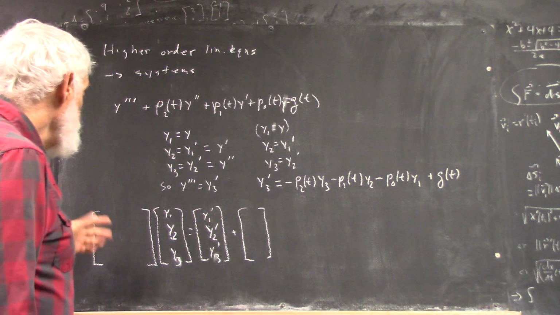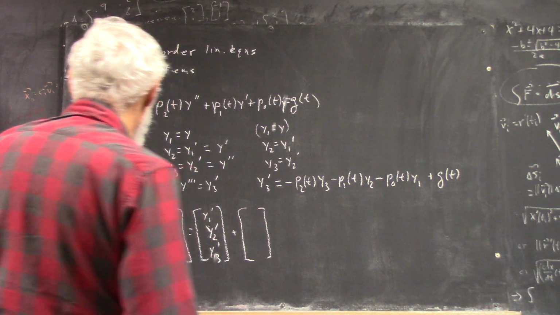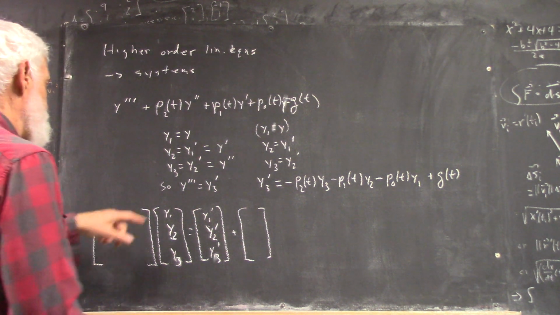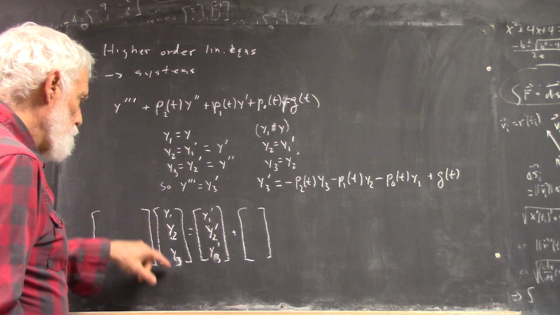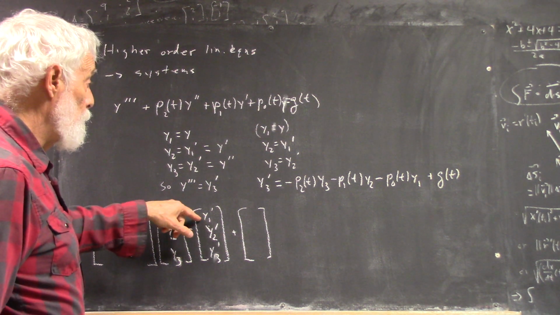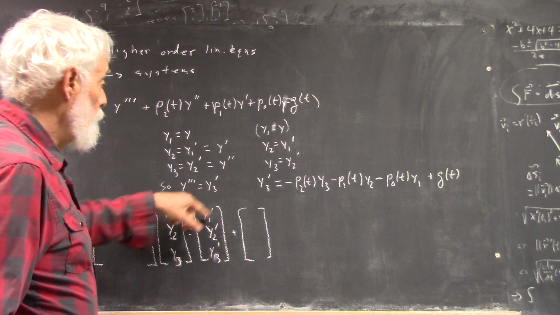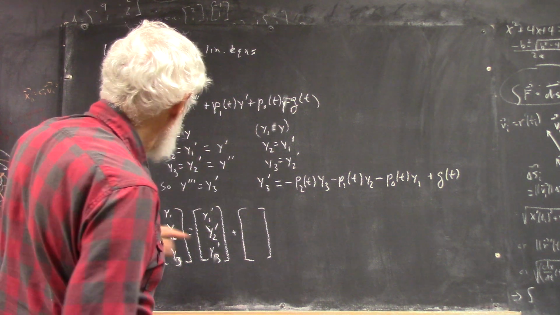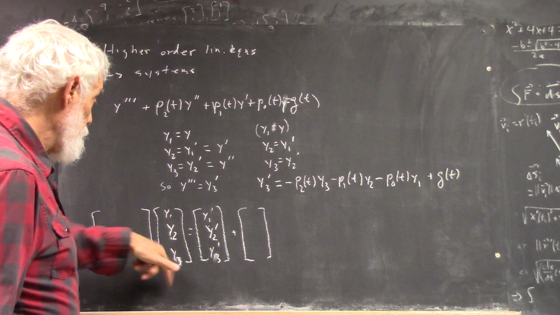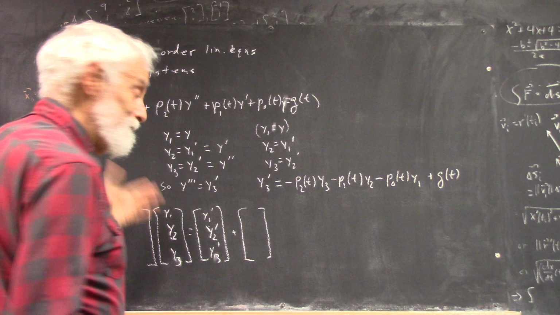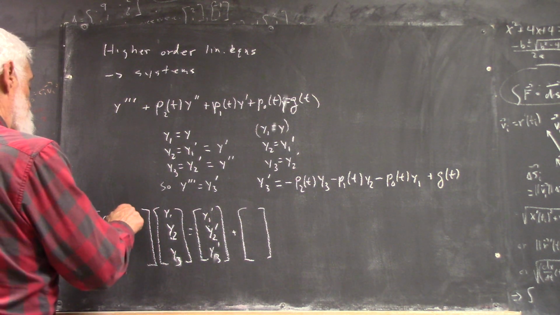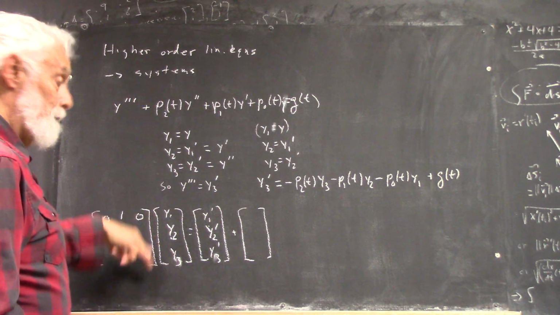So, matrix. Our first row, when we multiply by the y1, y2, y3 column vector, we should get y1 prime, right? Well, y1 prime is y2. So what row do we multiply by this column to get y2? Obviously, 0, 1, 0.